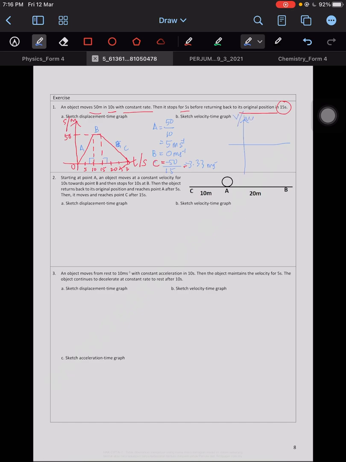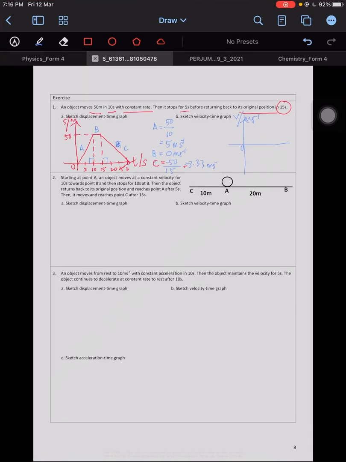Velocity in meters per second, 0. I'm very sorry, my screen is too sensitive. Okay, then this will be your time in seconds. So here is 5, here is 3, almost here.